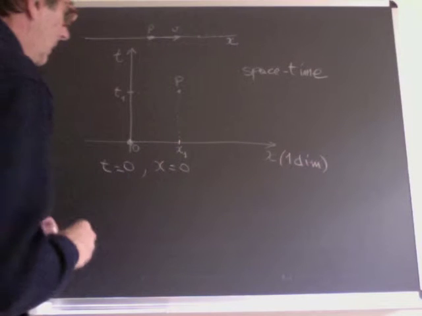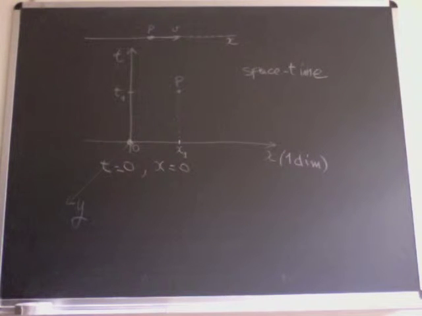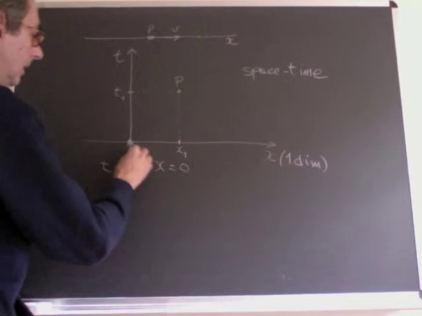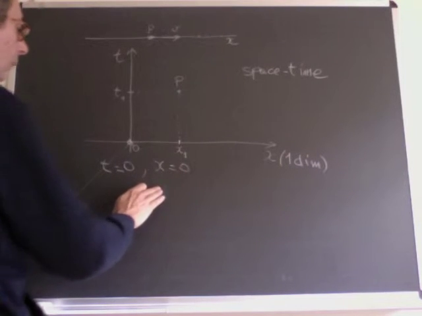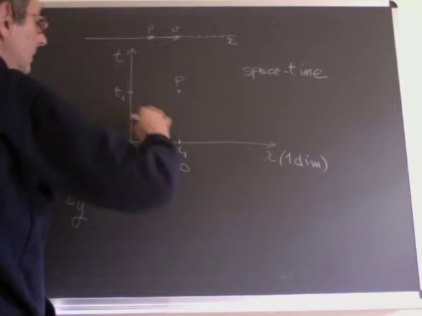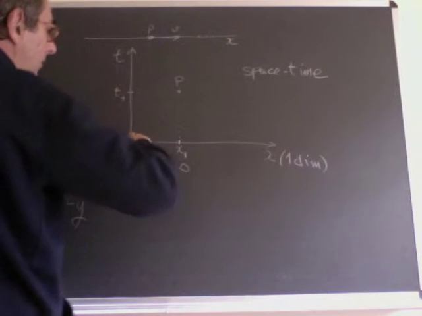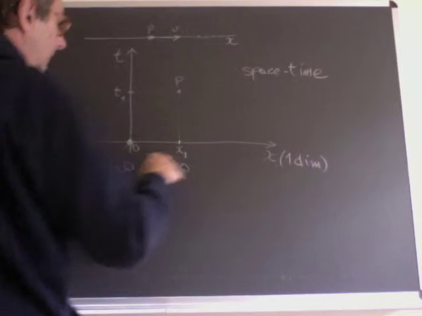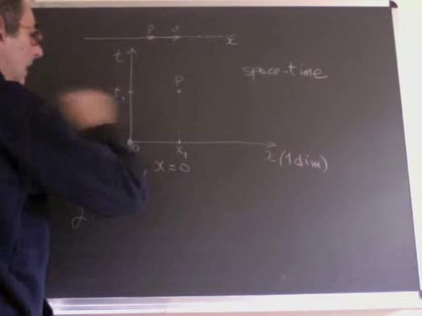If we consider a motion in two dimensions, suppose that we add another coordinate y here, and these are two spatial coordinates, and the point can move on this plane here. Adding the time, we obtain a curve in the space-time, where in this case we have two spatial dimensions and one time dimension.